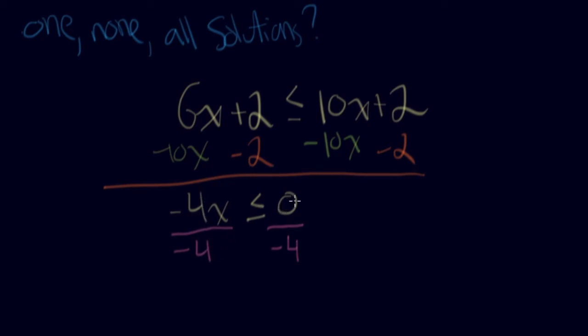And maybe you're thinking, I already know that if I divide 0 by -4, it's just going to be 0. Well, you still have to do that. And a lot of students forget this, because you need to flip that inequality. This is a great question because now the answer is x is greater than or equal to 0. A lot of students forget to flip that inequality.